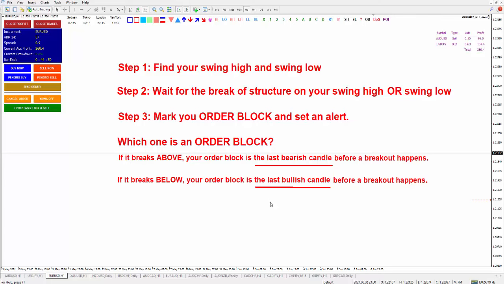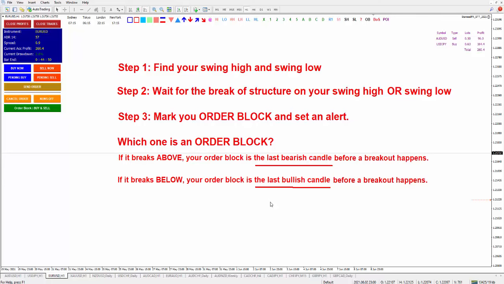If the price breaks above your swing high, your order block is the last bearish candle before a breakout happens. If the price breaks below your swing low, your order block is the last bullish candle before a breakout happens.